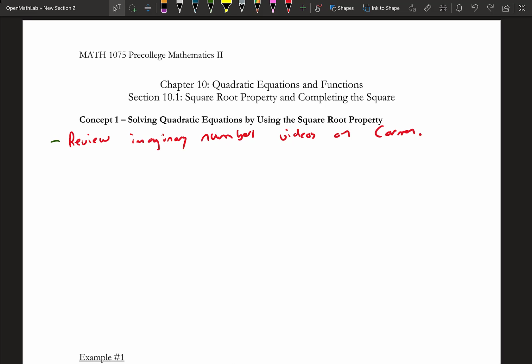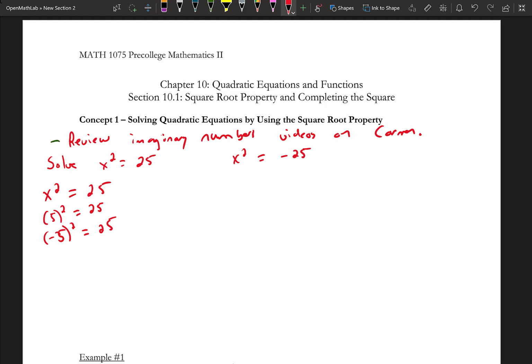Just some things to get us thinking. What I want us to think about is how do I solve maybe x squared equals 25 and x squared equals negative 25? If I think about x squared equals 25 and all the possible x values that I square to get 25, you should be realizing that 5 squared and also negative 5 squared both equal 25.